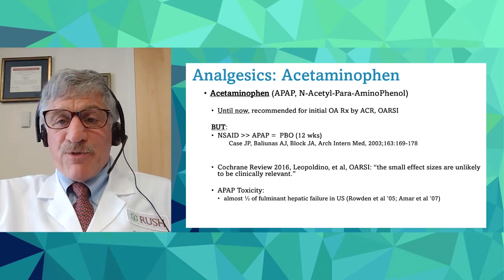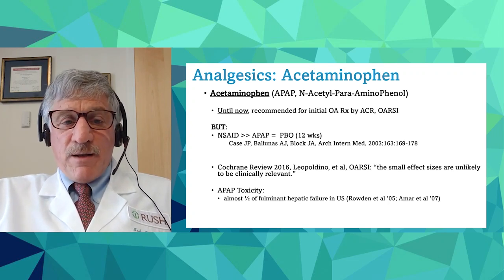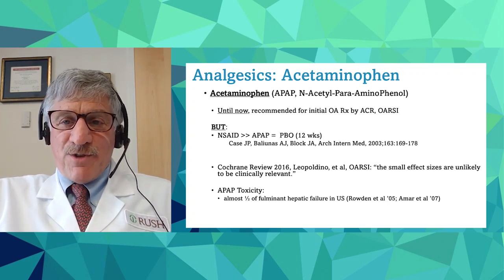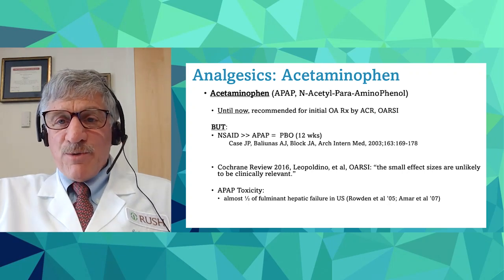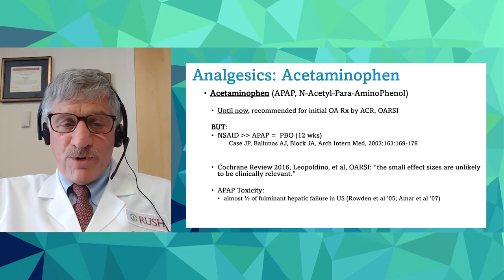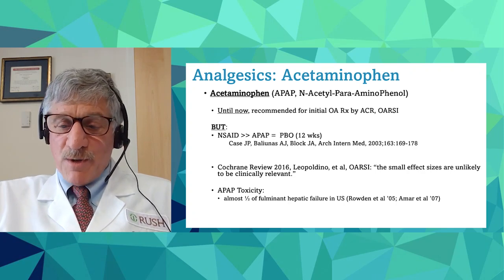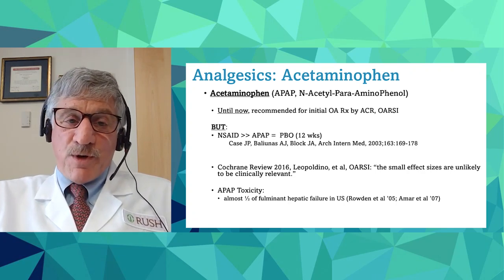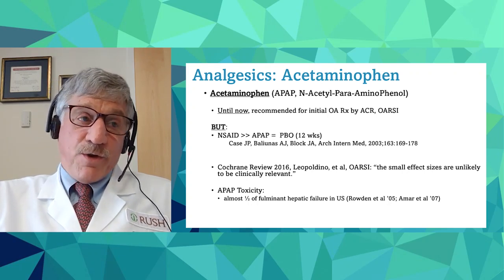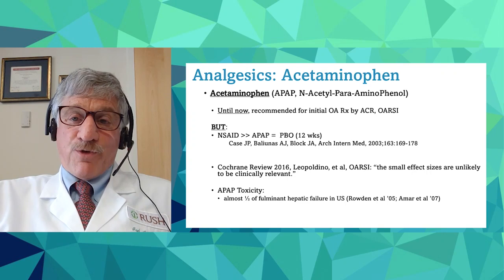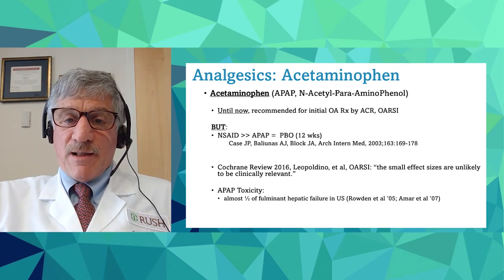But the other half of acetaminophen's recommendation was that it used to be thought of as being benign. Nowadays, we understand that it is actually the source of almost half of the fulminant hepatic failure in the United States, almost always due to accidental overdose, almost always in demographics that are at risk for OA, such as the middle-aged and elderly. So at this point, there ought to be no role for acetaminophen in the chronic use of OA, although it can still occasionally be useful for short-term painful flares. And this is finally reflected in the current guidelines.